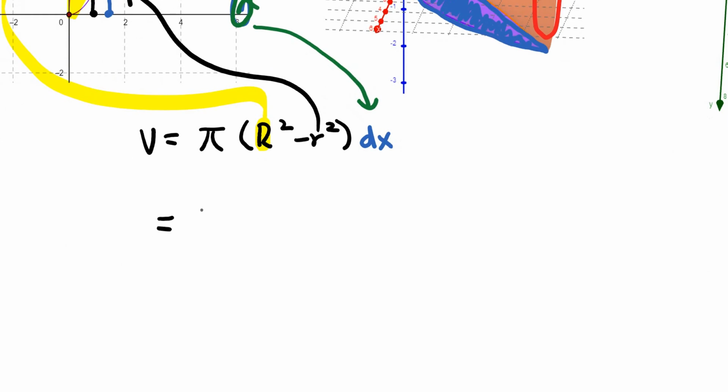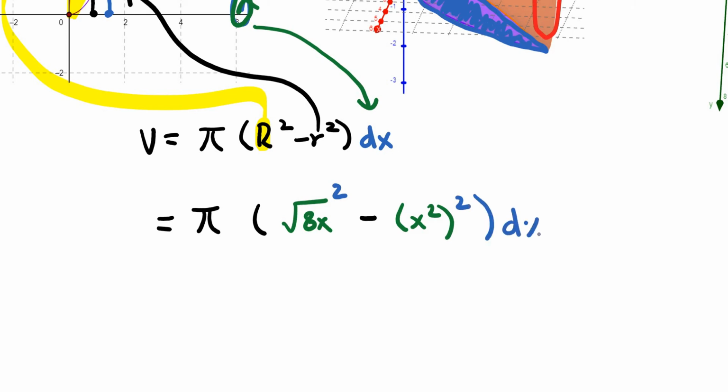So if I do that correctly, I have pi, and then that's going to be root 8x, squared, and then minus the parabola, which is x squared, and that's also being squared, and then times dx. And let's go ahead and put our integral sign here.